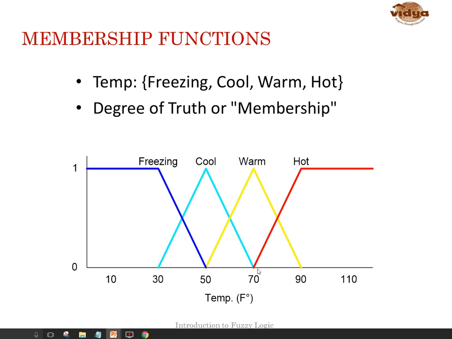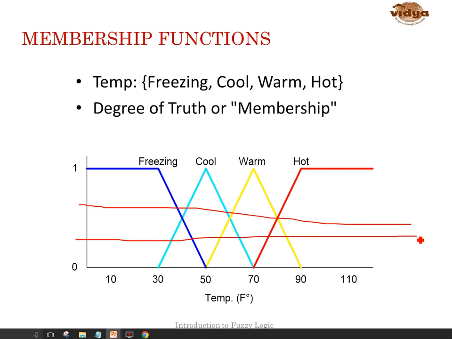So if somebody says a membership function like this, let me take an example with respect to membership functions represented like this.